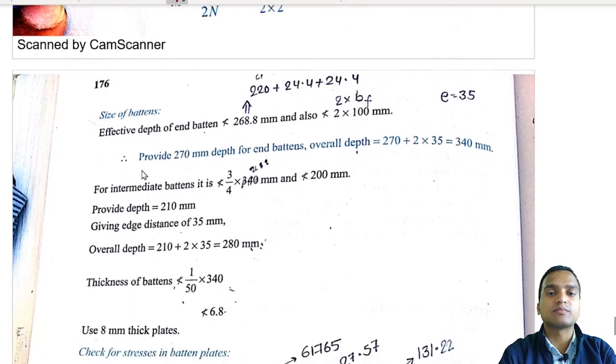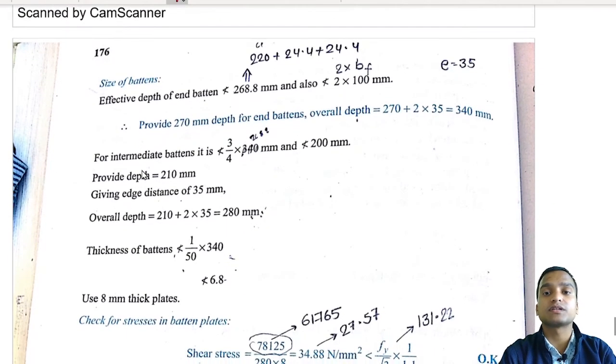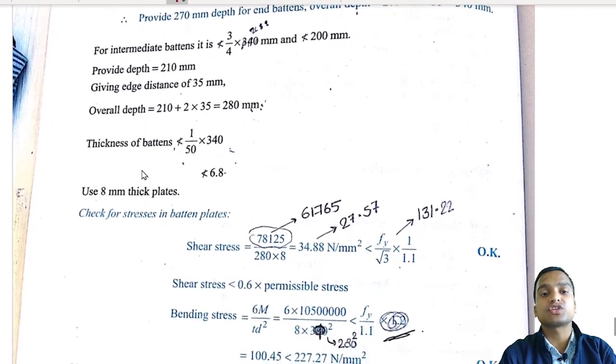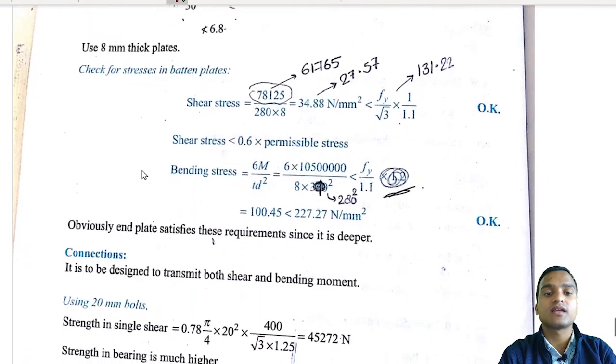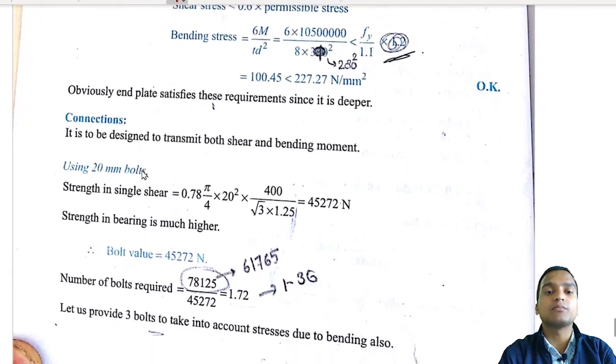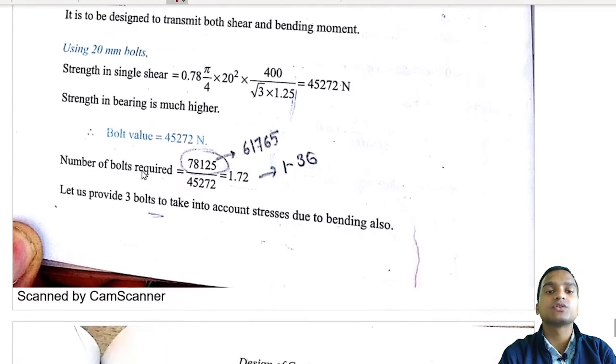And then we choose the size of battens as per the given dimensions, and then we check for the stresses in batten plates, and finally we check how many bolts we have to provide.